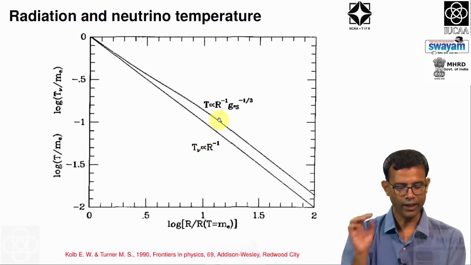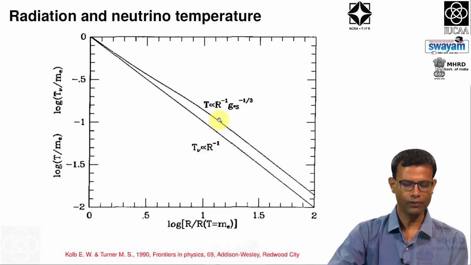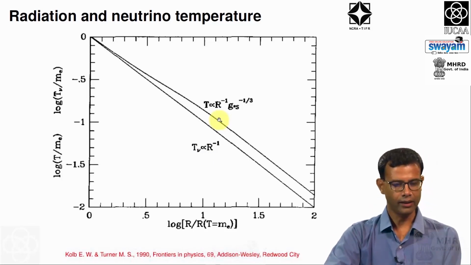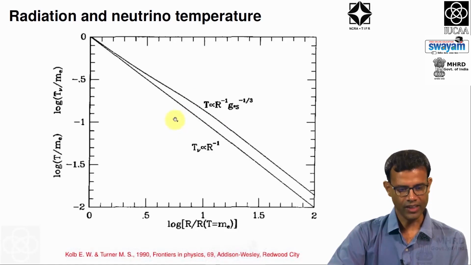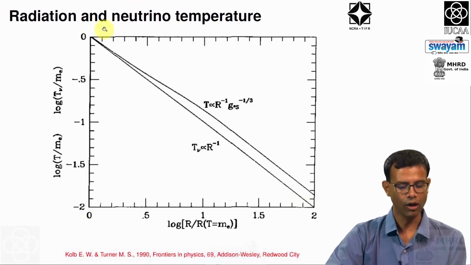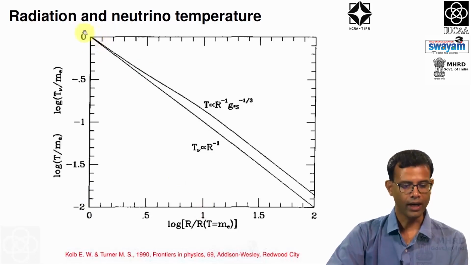What is plotted here is the evolution of the neutrino and radiation temperature. As we said, at some point the neutrinos decouple. So, the radiation and the neutrino temperatures are equal, both falling as 1 by A, at early times. Remember, the x axis is scale factor plotted in some units, and the y axis is log of temperature. At early times, both neutrinos and photons have the same temperature.